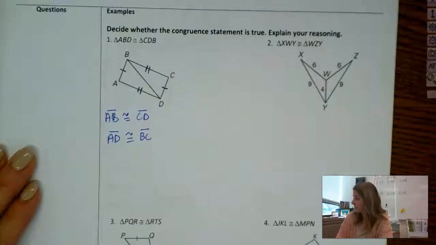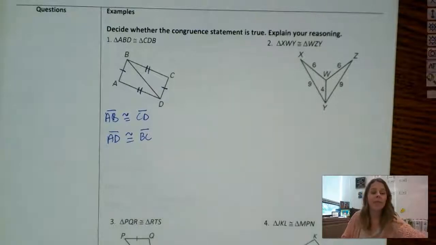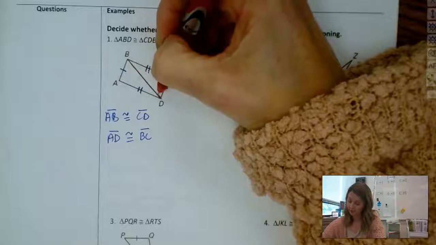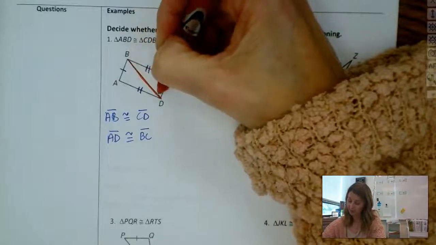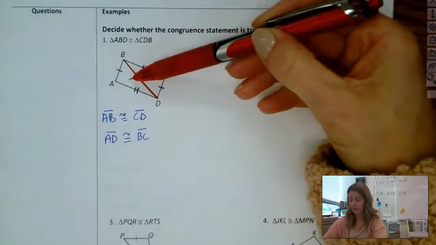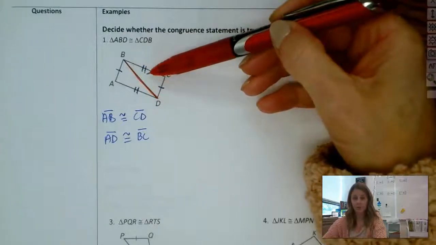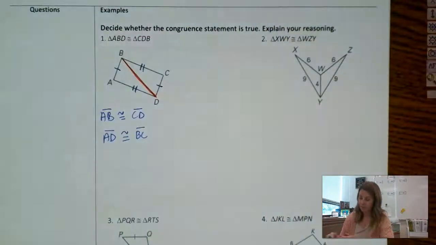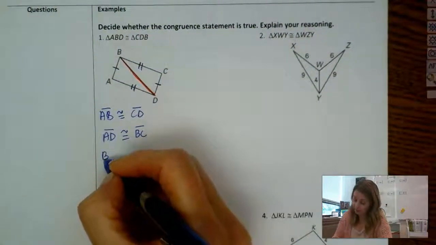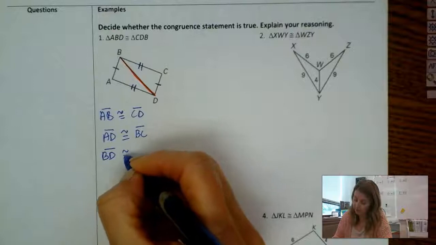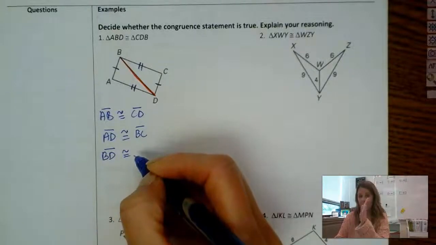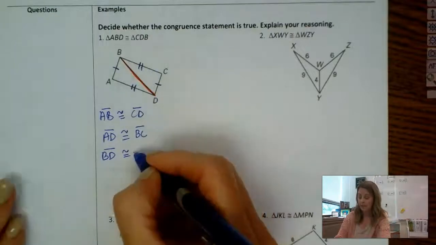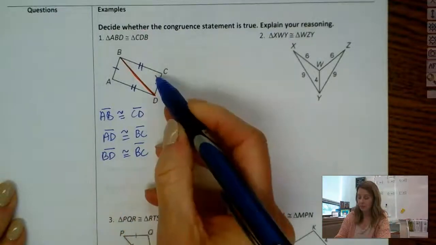Now, I want you to also notice, I'm going to highlight this in red, this segment is the third side in this triangle over here, and the same segment is the third side in the other triangle. So here's what I want you to write down. I want you to write that segment BD is congruent. So I'm looking at segment BD on the triangle ADB is congruent to segment BD in the other one.